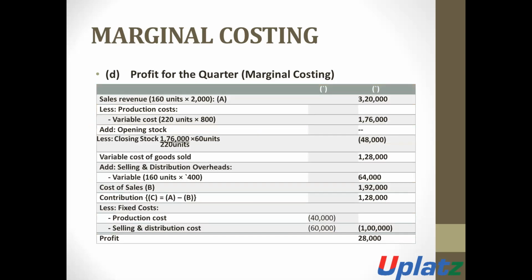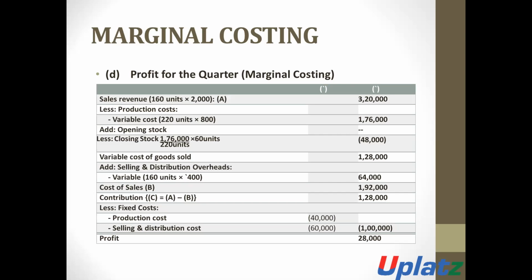Now we will discuss the profit as per the marginal costing. The amount of sale will remain the same, 3,20,000, and the amount of variable cost will also remain the same, 1,76,000. We will not consider fixed cost. And now we will add opening stock, which is not there, and we will reduce the closing stock.